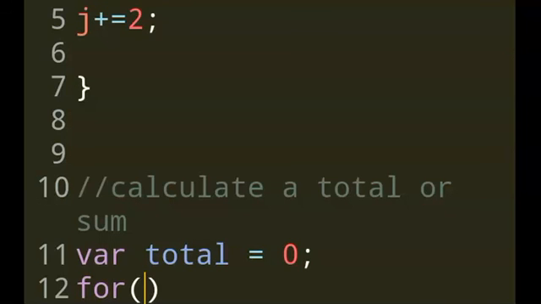Now remember, when you're talking of I, in this case, I is any value which has an initial value plus a condition and also an iteration loop. So let's get started.